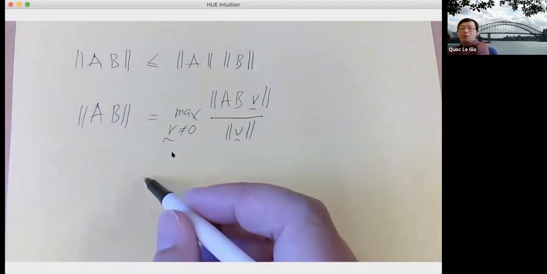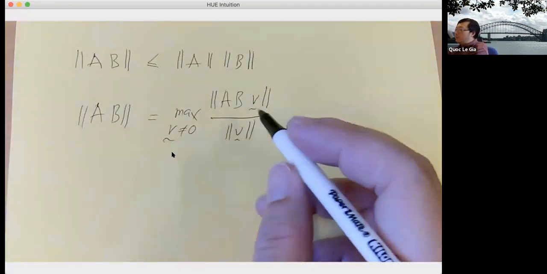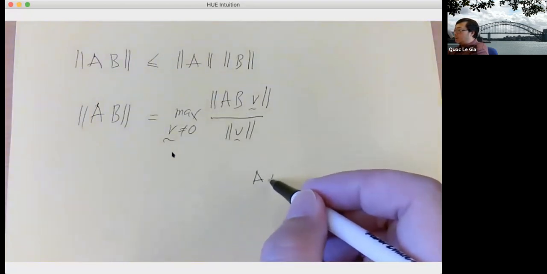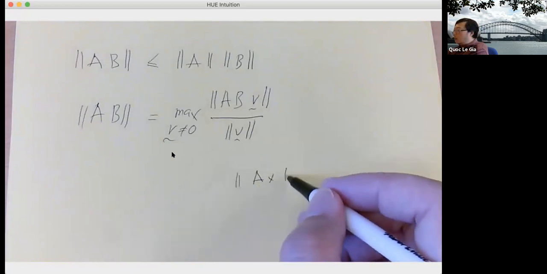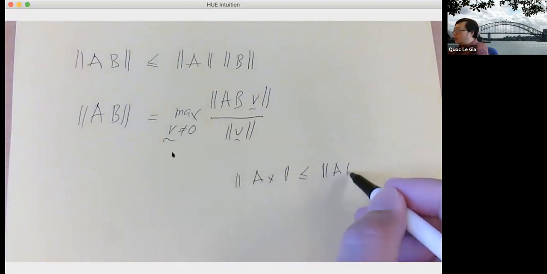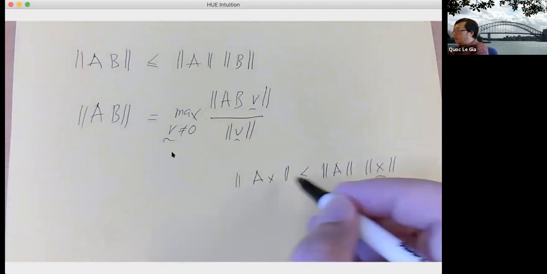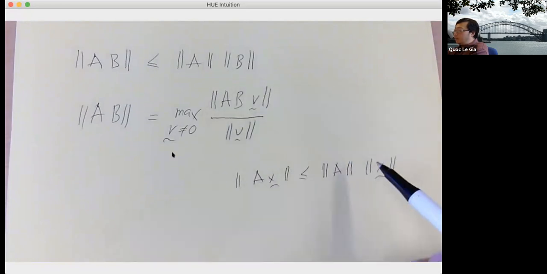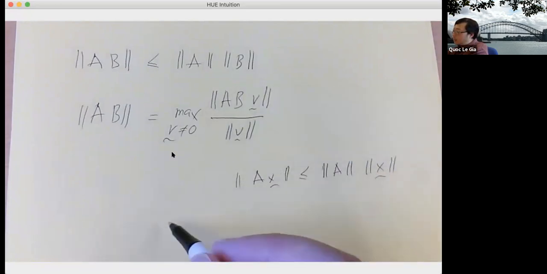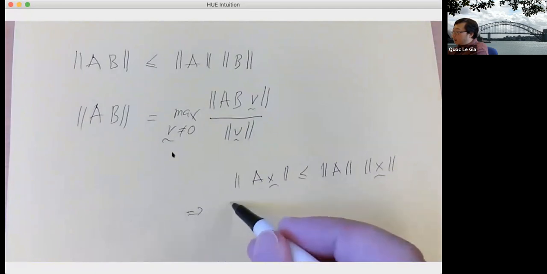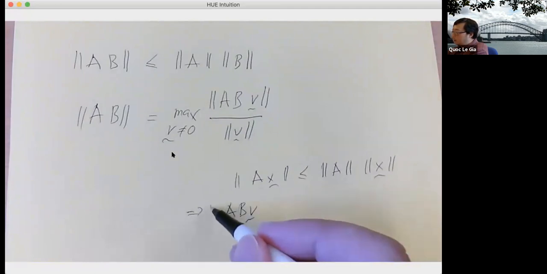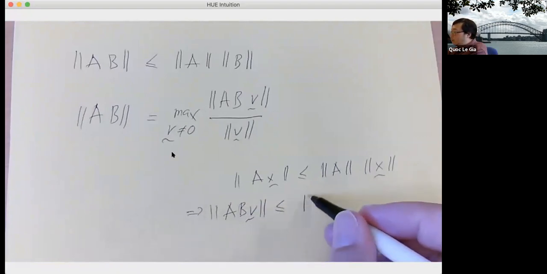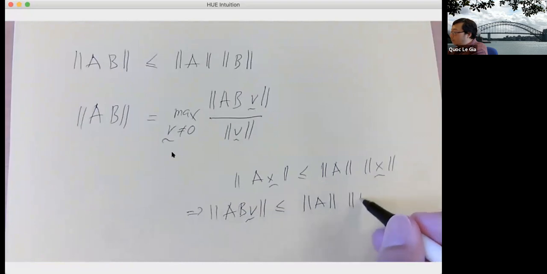And now we remember there's a theorem that says the norm of AX is less than or equal to the norm of A times the norm of X, for any X. So then I can apply it to X equal BV. So then I have the norm of ABV is less than or equal to the norm of A times the norm of BV.